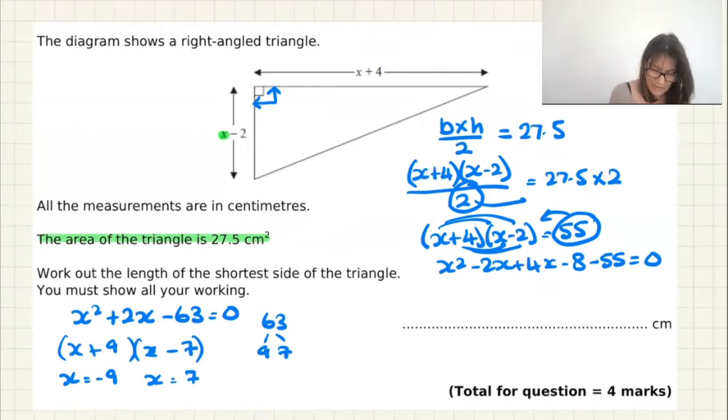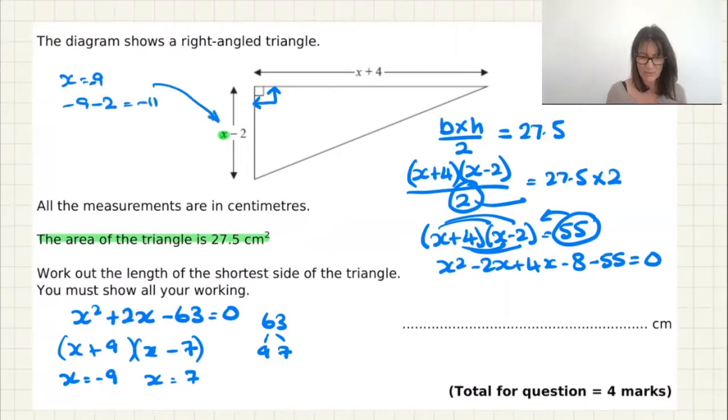Now, this context, this story is about the length of an edge of a triangle. I can't take or have a negative edge. So if I was to say x is equal to minus 9, minus 9 minus 2 is minus 11. Yeah, if I did x minus 2, I'd have minus 9 minus 2 equals minus 11.